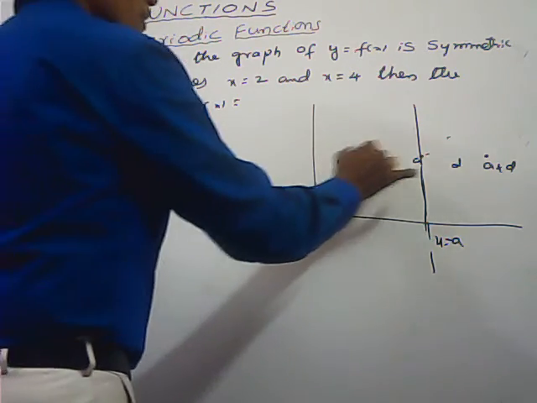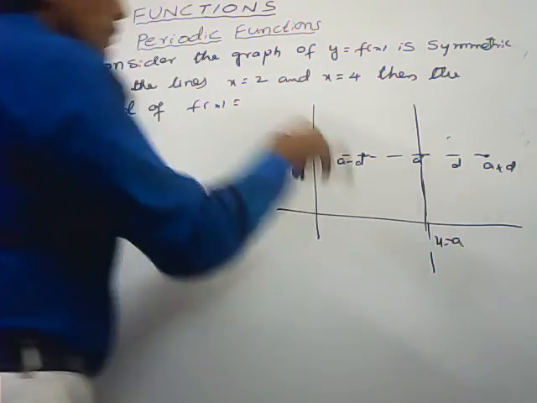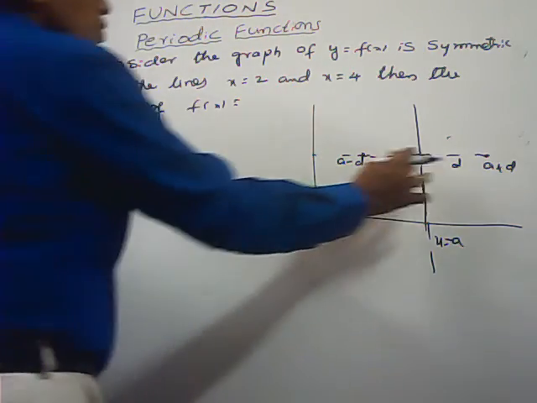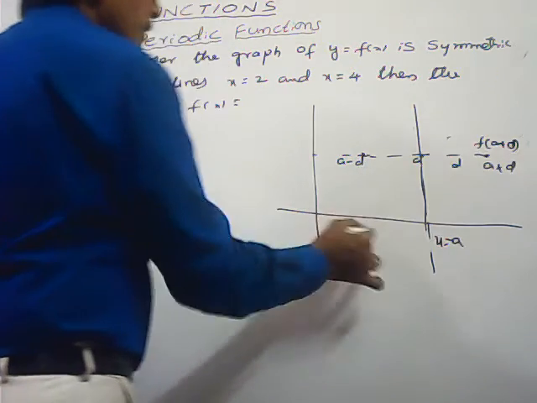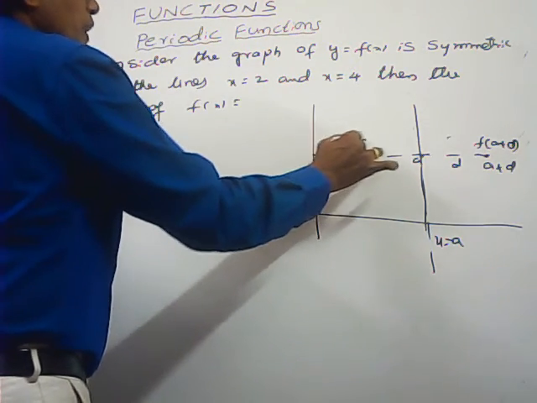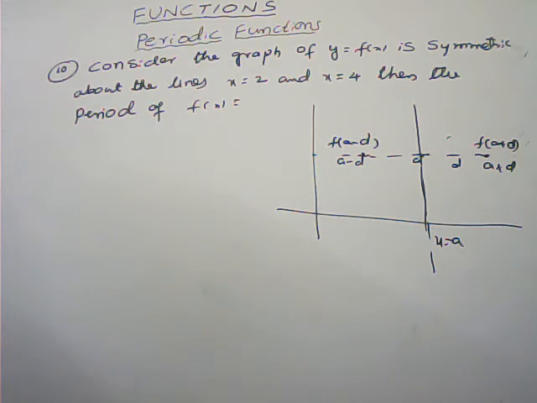Then both are the same distance. What about the corresponding y values? At x equals a plus d, this is f of a plus d. At x equals a minus d, it is f of a minus d. The corresponding y values should be the same.